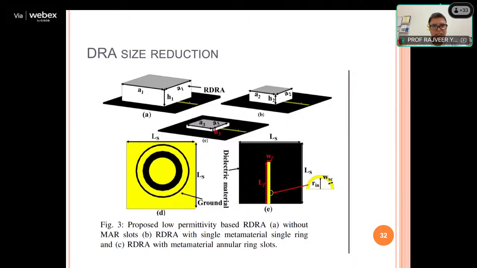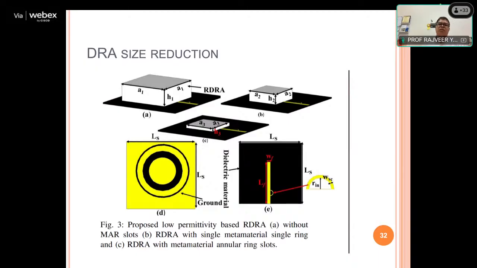So the initial dimensions were 60 mm by 60 mm by 40 mm, and using the ENG concept, this has been reduced to this.